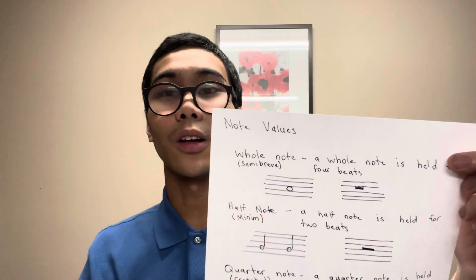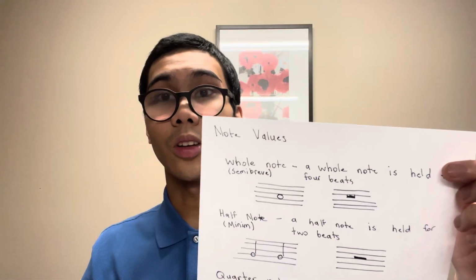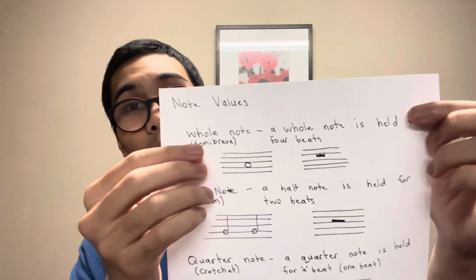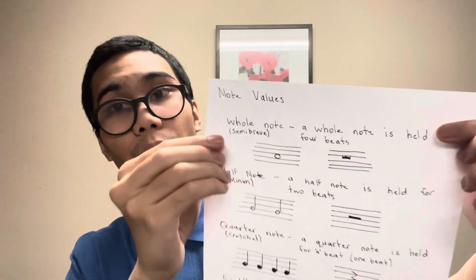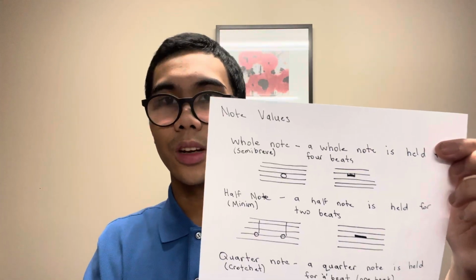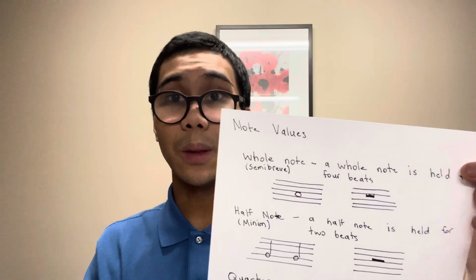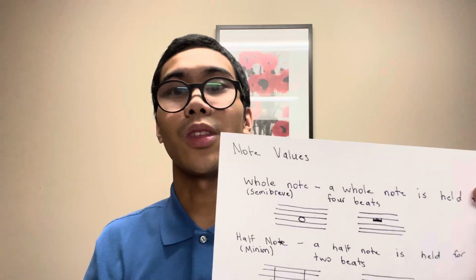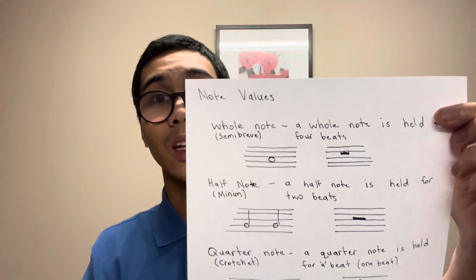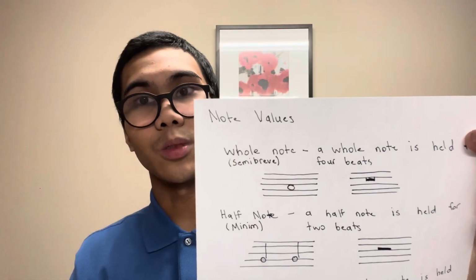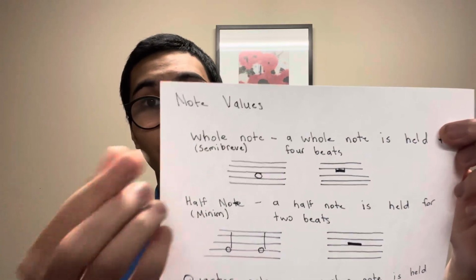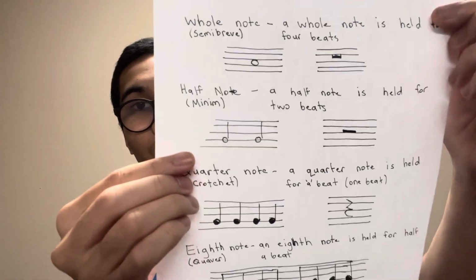But in some other countries, like in Europe or specifically in the UK, they call this a semibreve. In general, the different names don't really matter because they mean the exact same thing, so you don't have to worry about that. So this is a whole note and this is a semibreve.